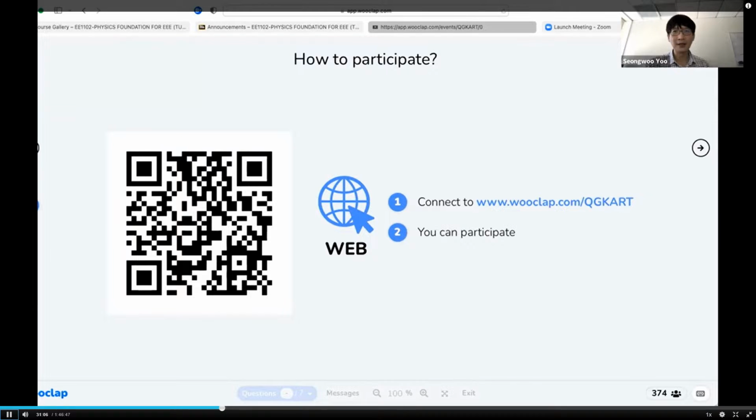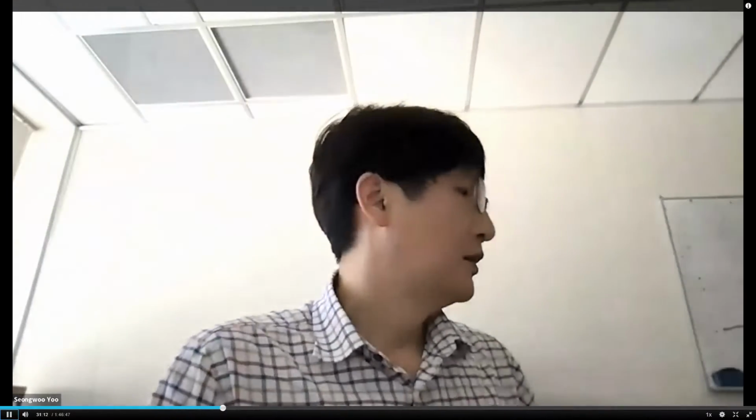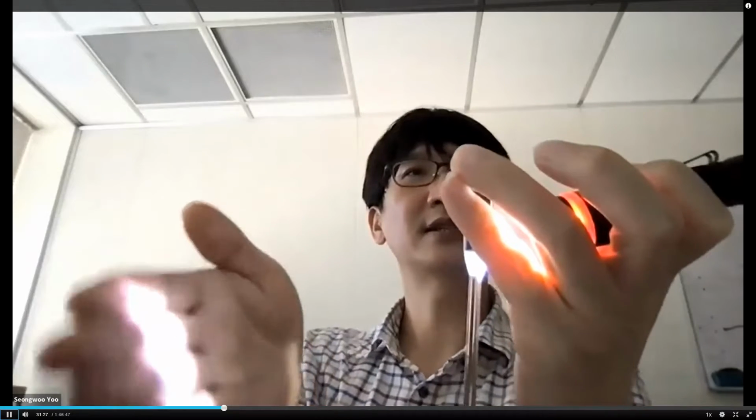Let me stop sharing so that you can see me. This is a lens again, and the torch is focused by the lens. So the torch light is focused behind the lens somewhere here. This image, focused by this lens, can be projected on the screen.